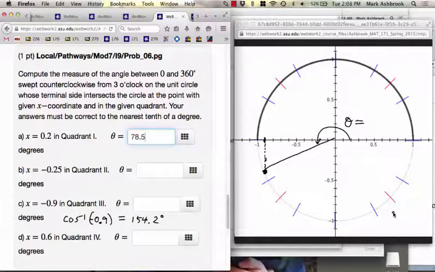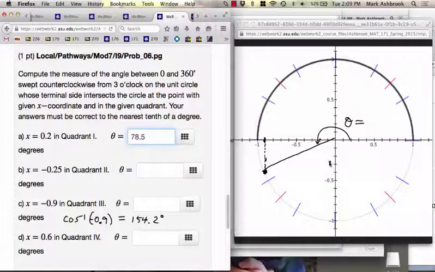What does that mean? It's the angle swept counterclockwise when the horizontal distance to the right of the vertical diameter is negative 0.9.